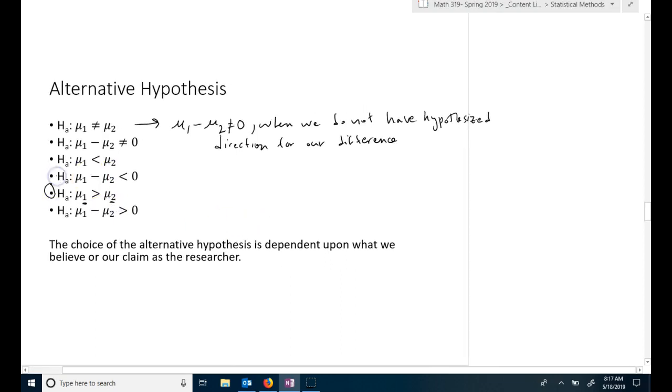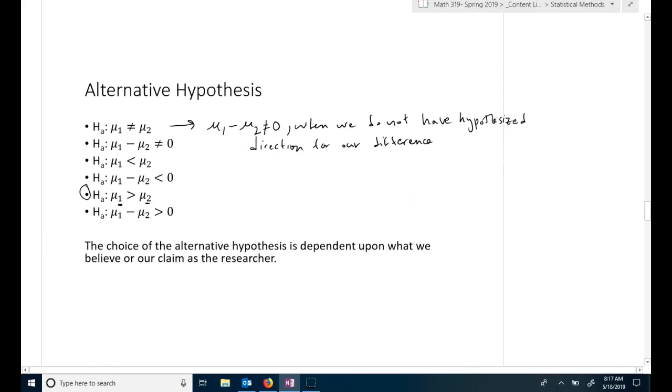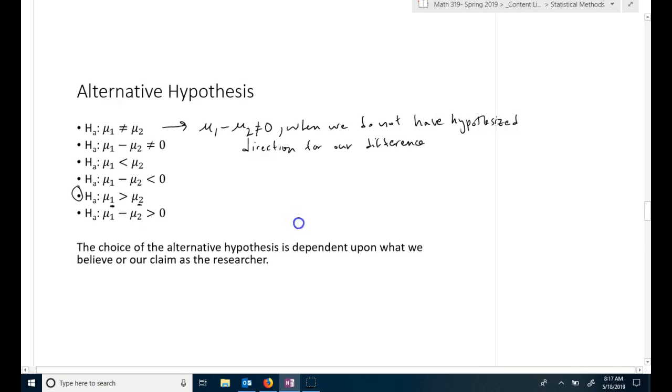But if we didn't have an idea, if we thought to ourselves, well, I don't know what bed rails do, or there's no reason for me to believe that bed rails will improve it or not improve it in any given way, then I would use the not equal to. We have the less than, which we already talked about. That's not the one for our particular example. And then we have the greater than. So in this case, and this is going to be important for StatCrunch too, mu1 minus mu2 is going to be greater than 0, okay?